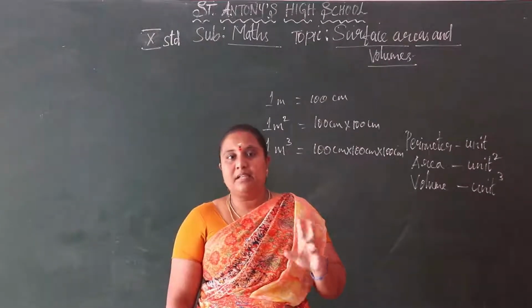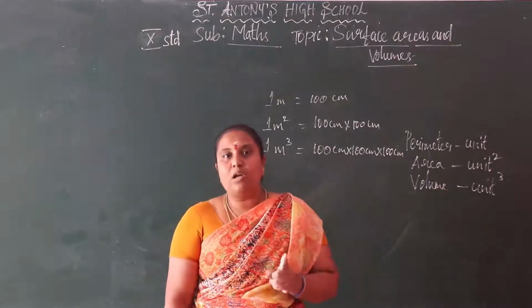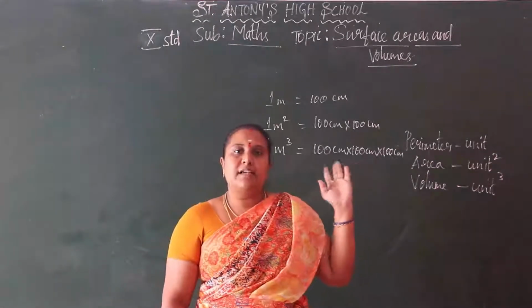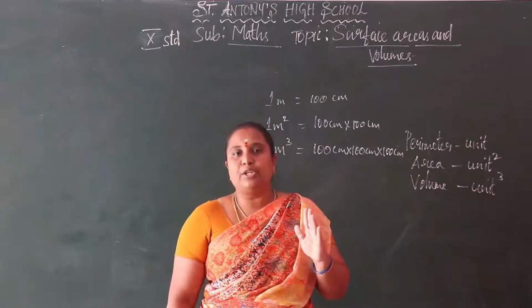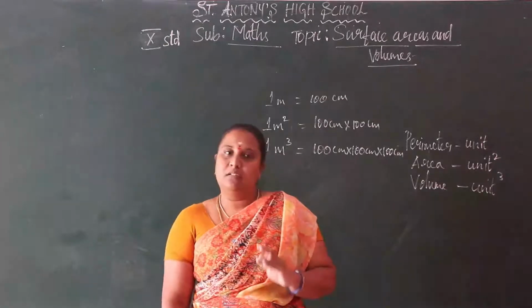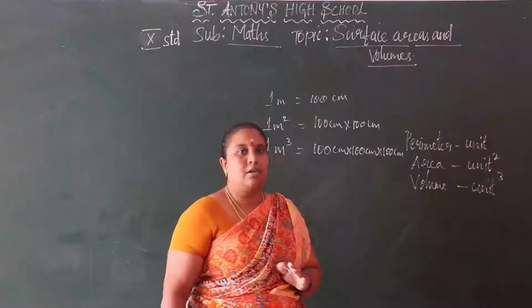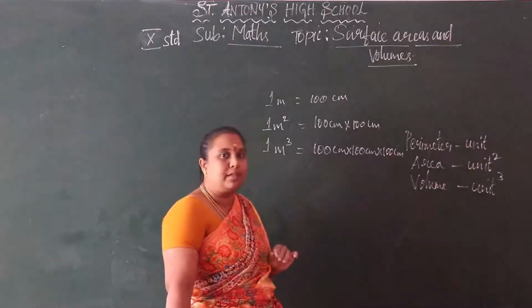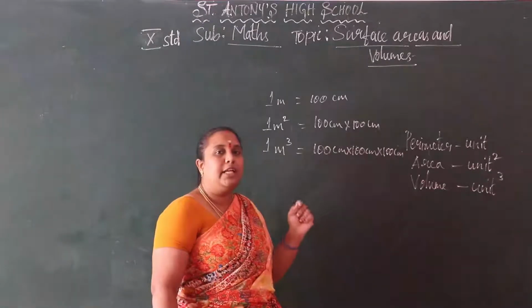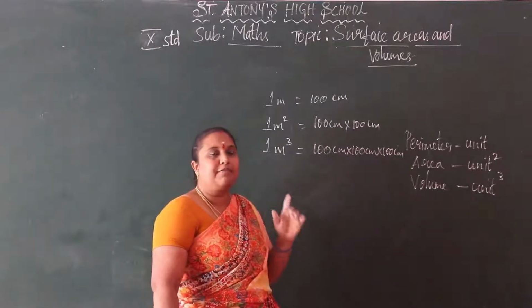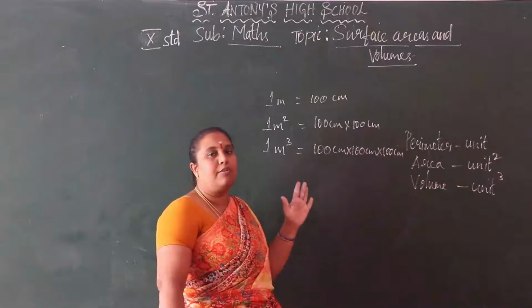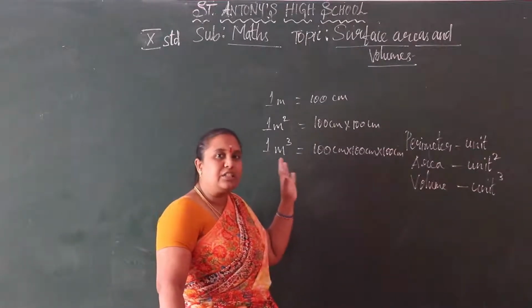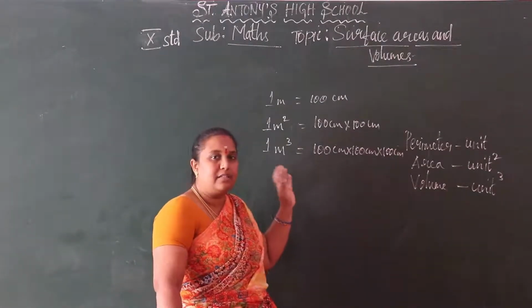First, learn these conversions and the formulas of the surface areas and volumes of all the shapes, and then move on to the problems in this chapter. Formulas are very important in this chapter. First, learn the formulas of all the shapes and figures given in this chapter.